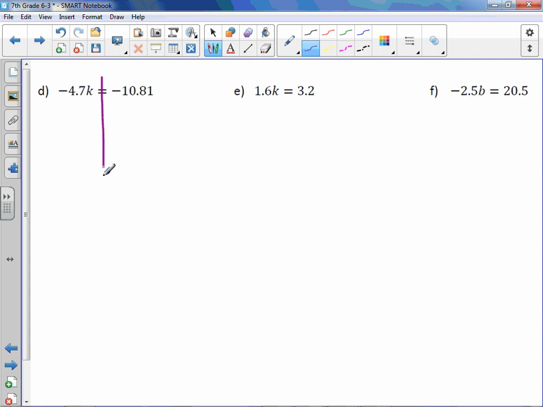Letter D, negative 4.7k equals negative 10.81. Divide both sides by negative 4.7. And you get k equals 2.3.